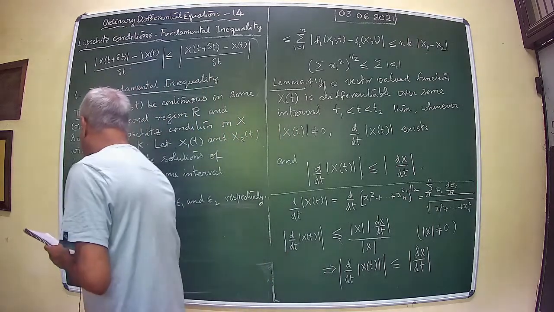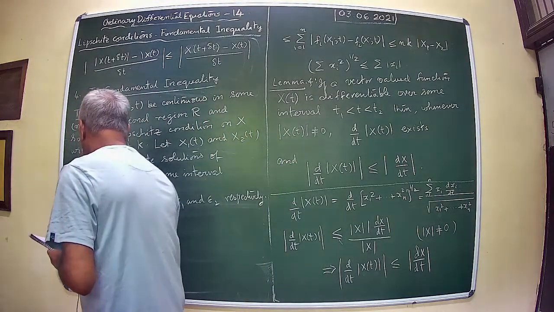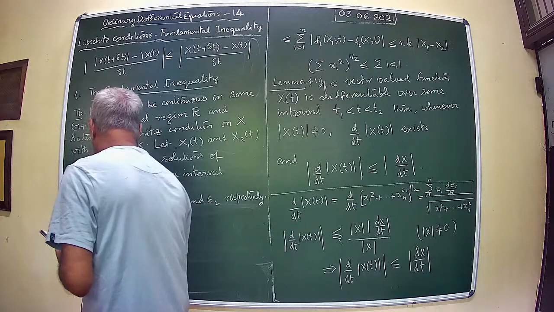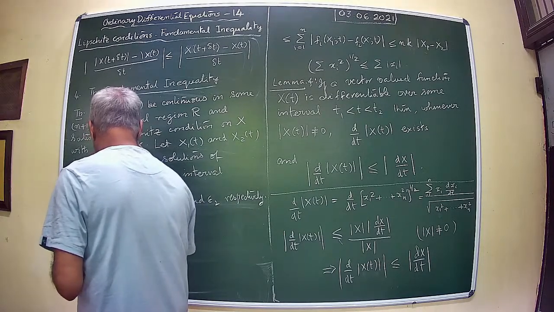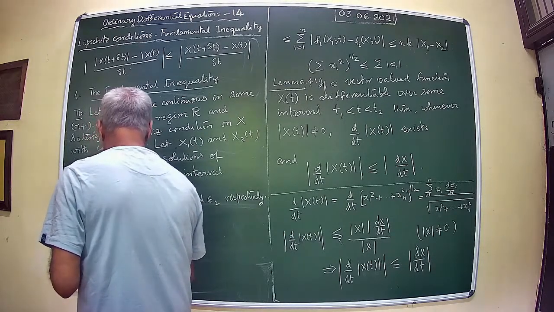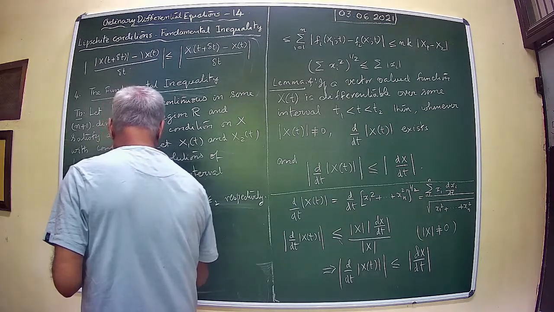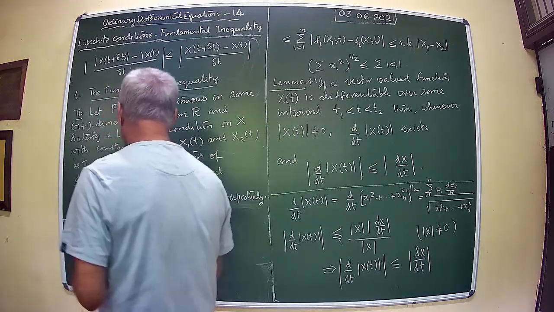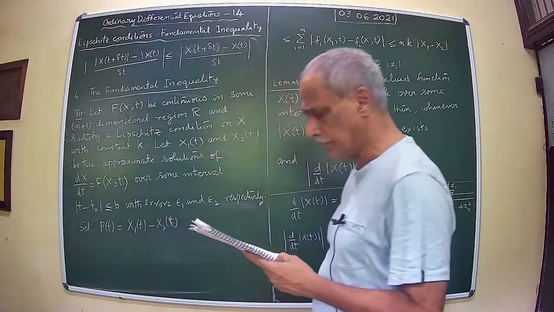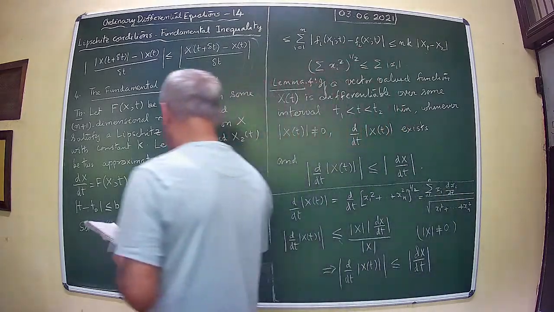Now set p(t) to be the difference between x1 and x2, as we did in the previous case, in the one-dimensional case. But here now you are working with vectors.